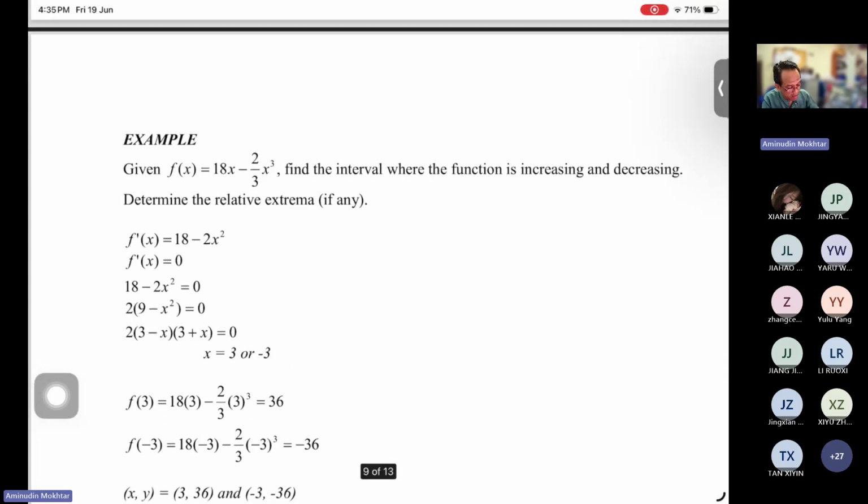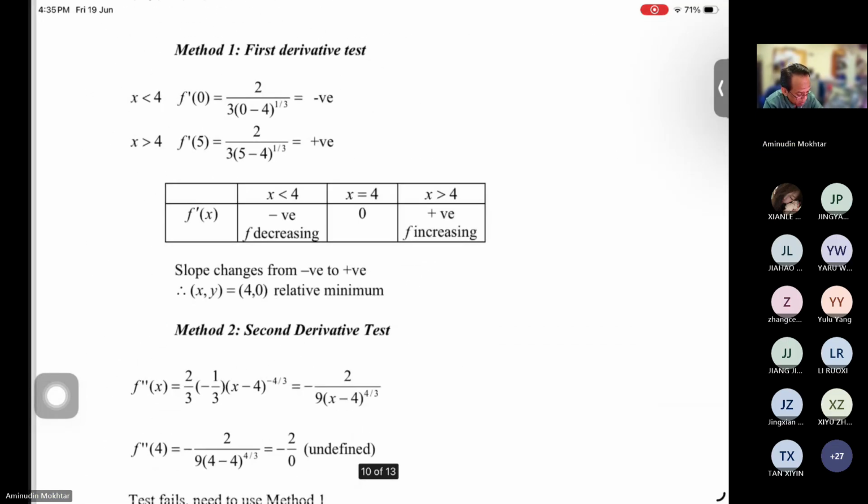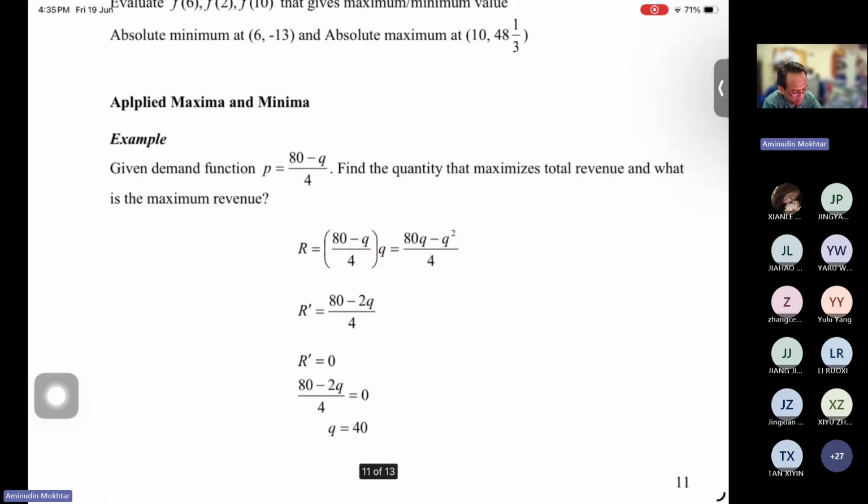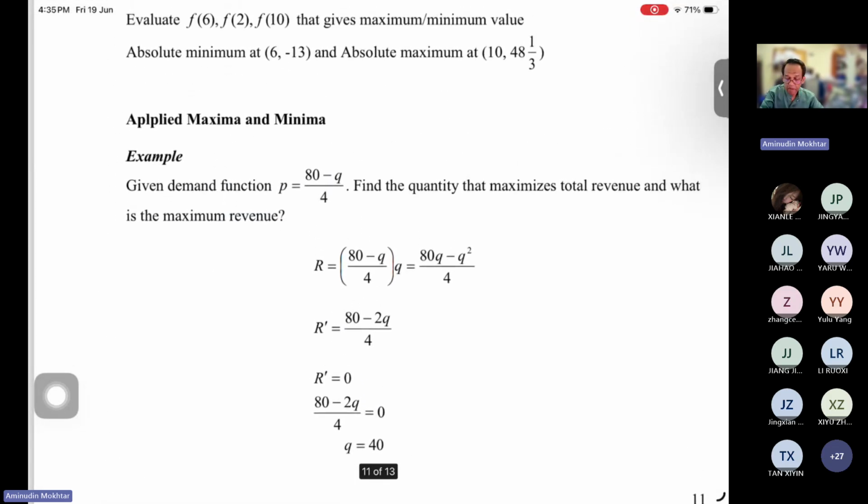There are a few functions here. I hope that can help you understand how to find the increasing or decreasing area, how to determine the critical point, and also how to find the maximum or minimum relative. Okay, that's about the application of the concept of first derivative and second derivative.